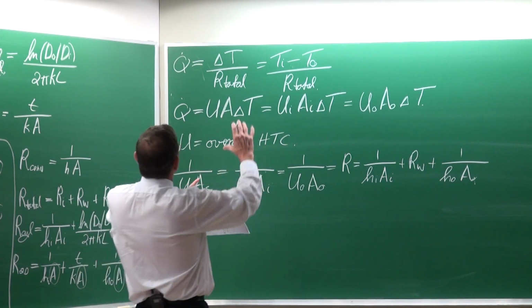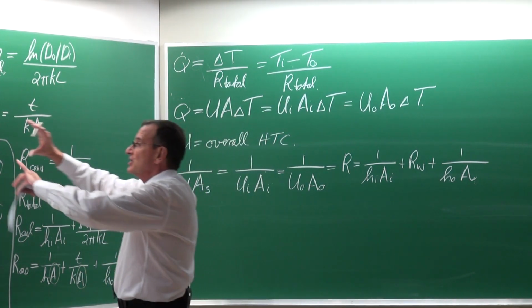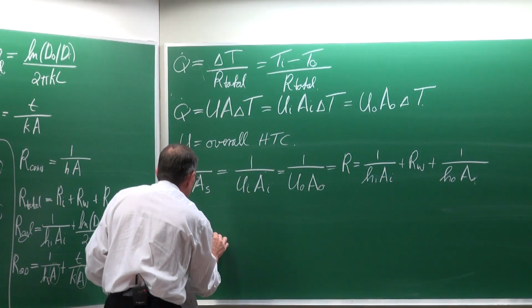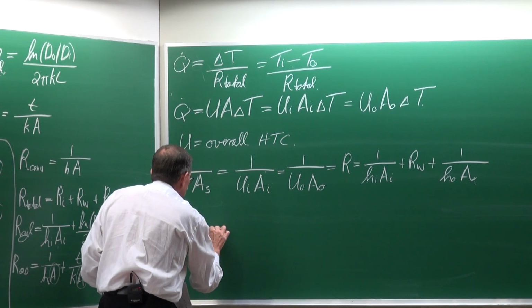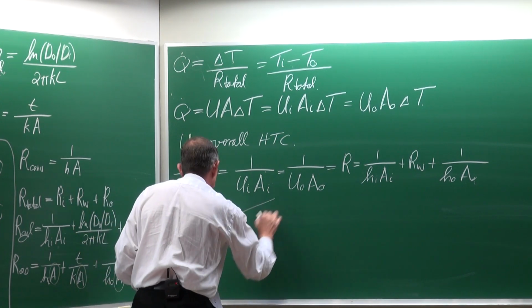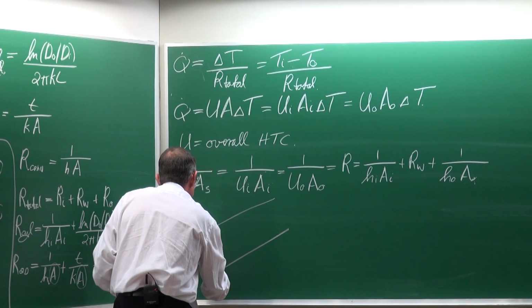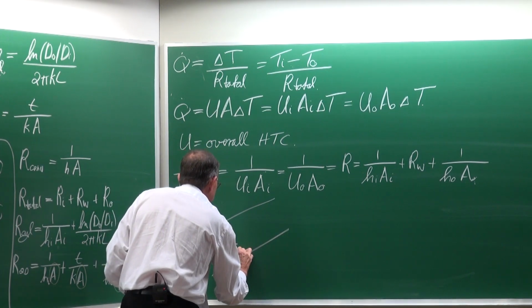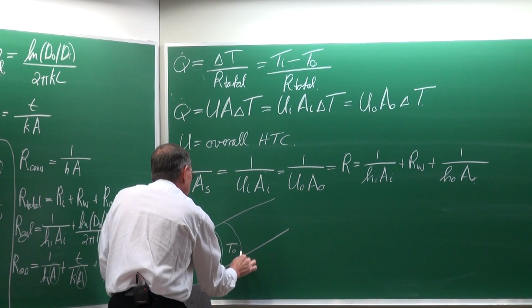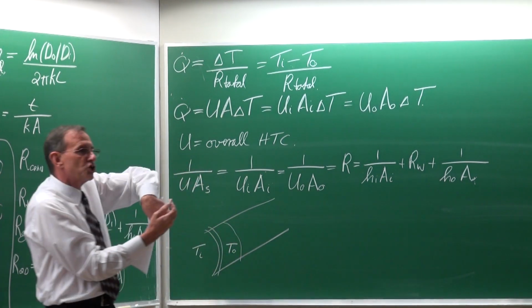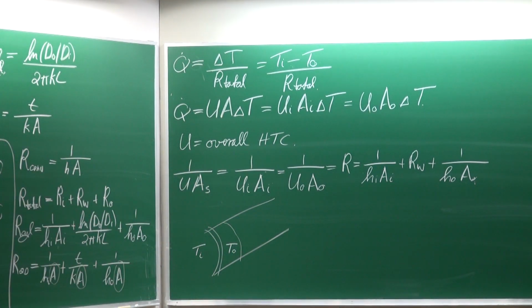Take note that this has now been written in terms of a control volume. I'm going to show it like this, where this is the temperature on the inside and that is the temperature on the outside, and we've looked at a small control volume in the Z direction.